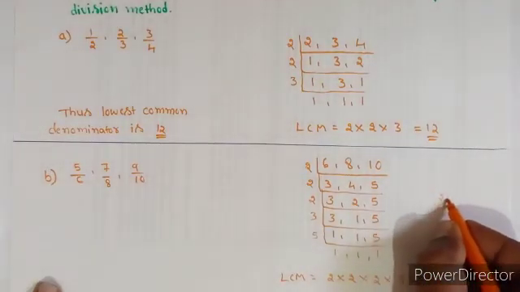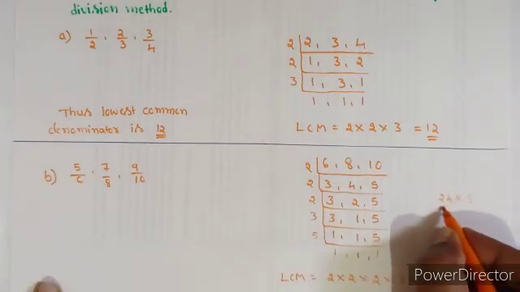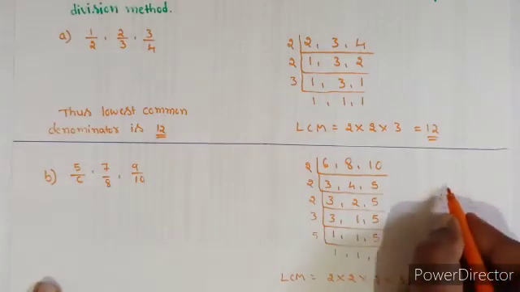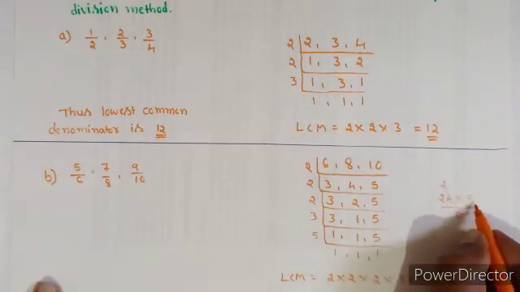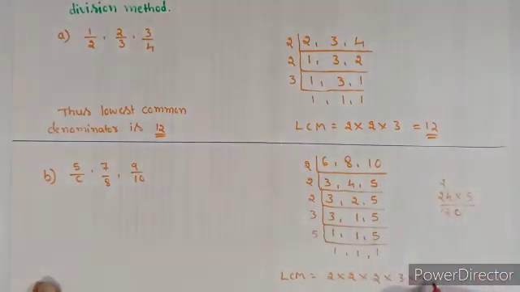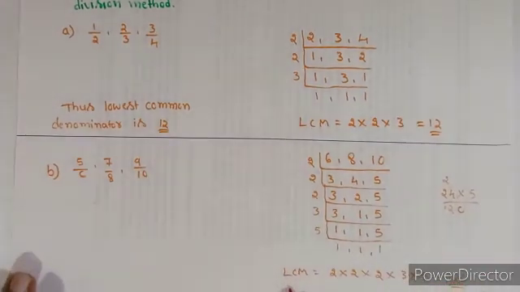All of you see here 24 into 5. 5 4s are 20, right? 0 here, take 2 carry, 5 2s are 10. 10 plus 2 is 12. So we got 120 as the LCM, least common multiple.